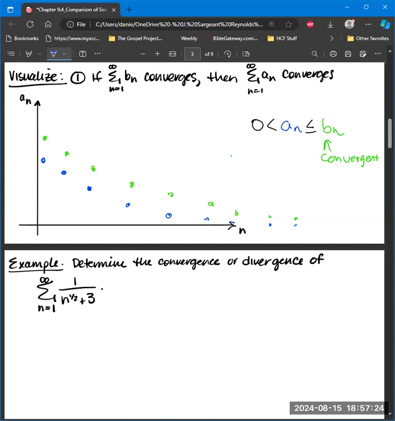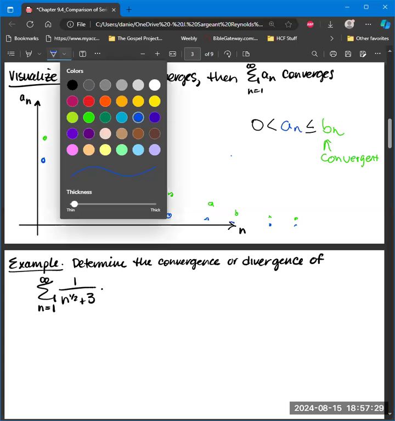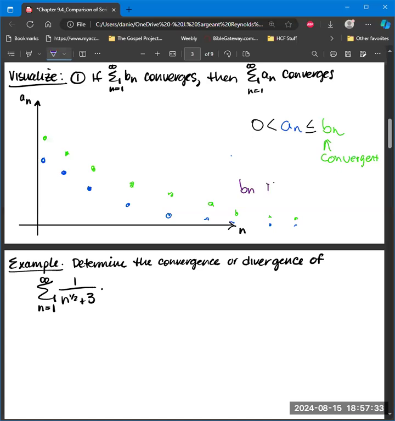All right, so key idea here is Bn is bounding An from above, and An is positive.